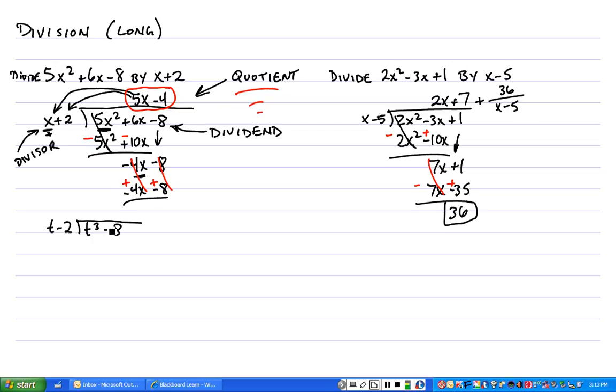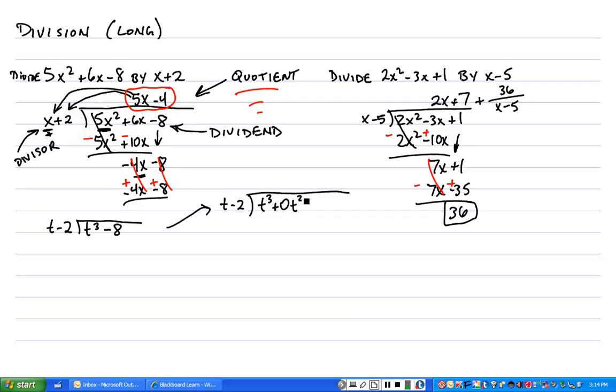But when we look here in the dividend, we see we have a t to the third, and we don't see any t squares, we don't see any basic t's. We go from a t to the third to a constant, so we're missing two places. So we help ourselves if we make sure we account for all our places. So turn it into t to the third plus 0t squared.